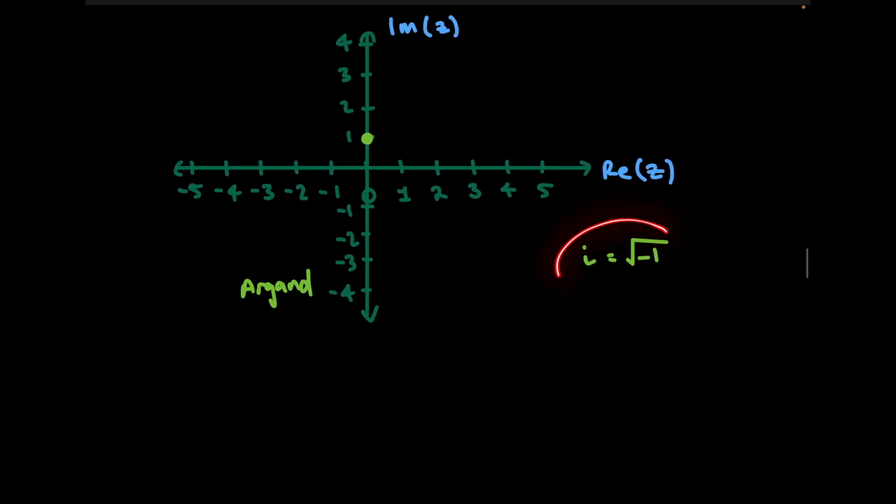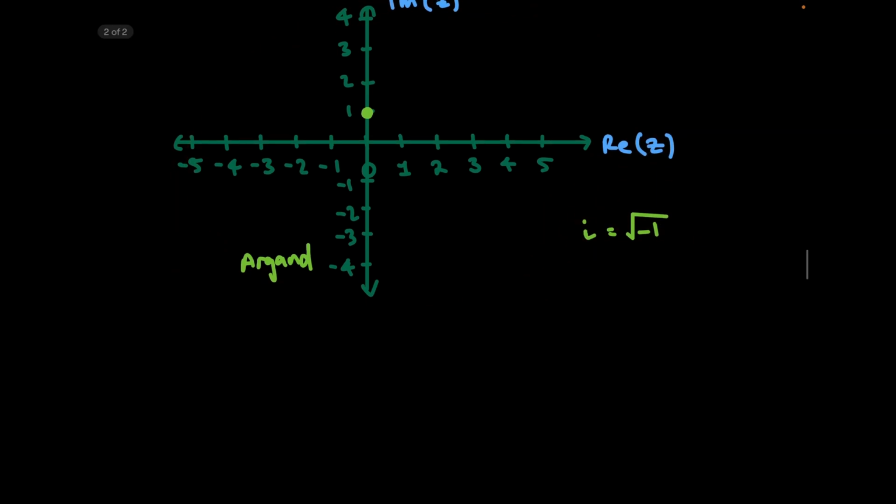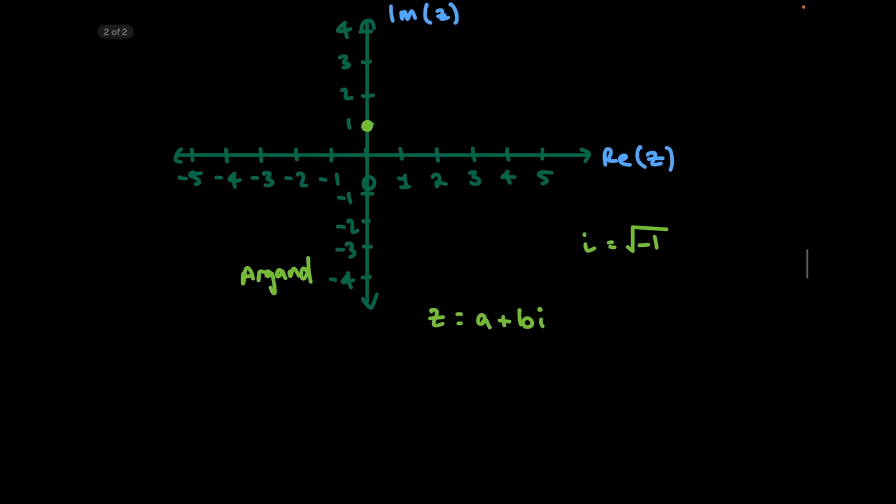A complex number, okay, so we know what an imaginary number is. We also know what our Argand plane is. Okay, but what's a complex number? A complex number is one which has both a real component as well as an imaginary component. So in this case, we're going to call our complex number z. Okay, so z equals a plus bi. That's why I've said the real component of z and the imaginary component of z, because z is called our complex number and it has two components.